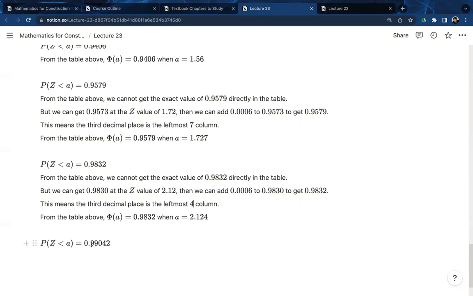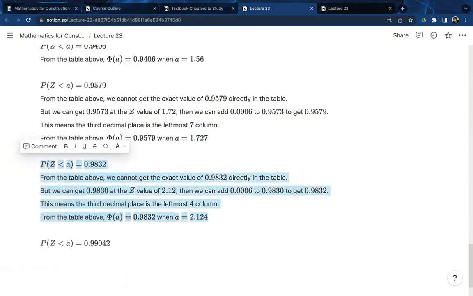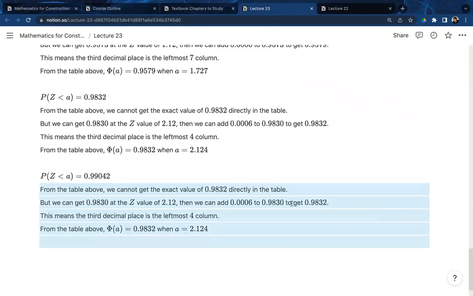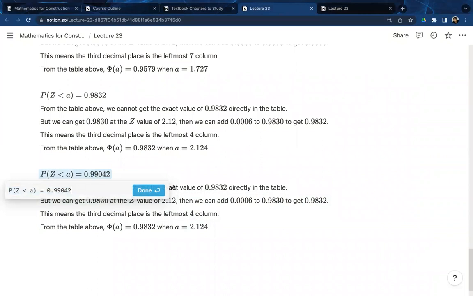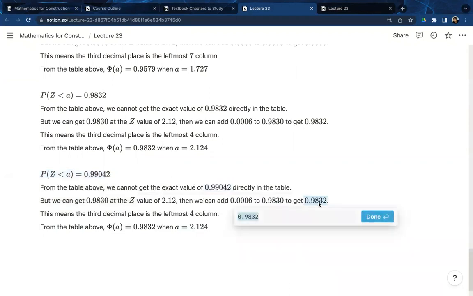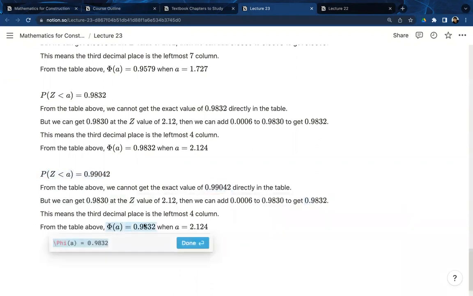What about this one? 99042. So let's copy this solution here, right? So 99042.